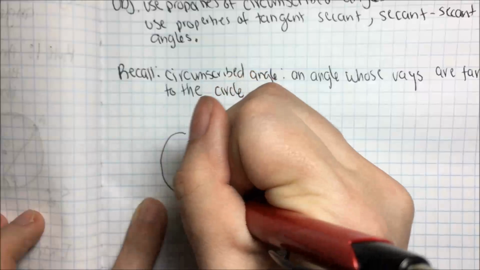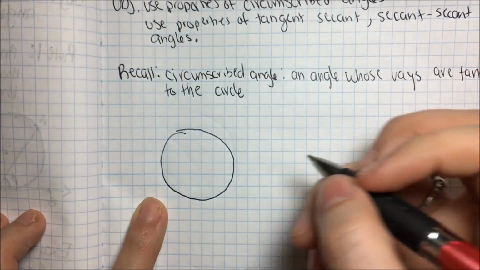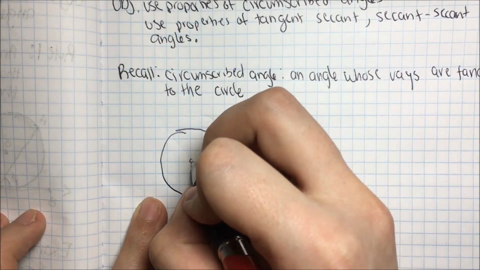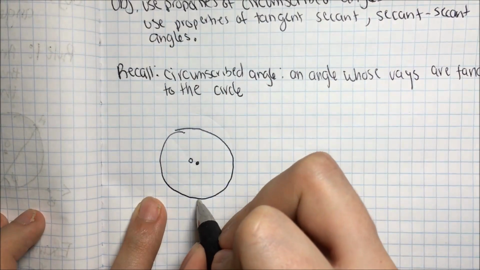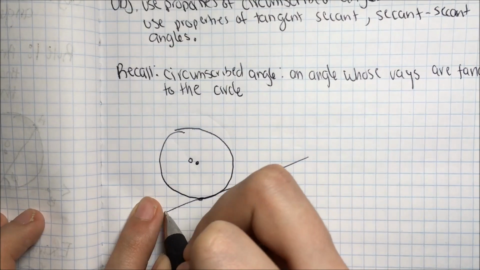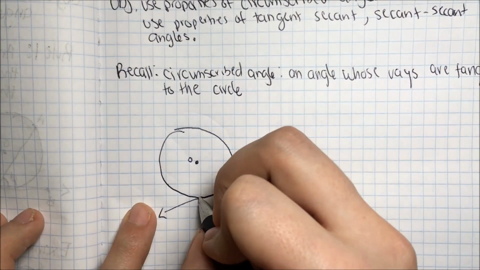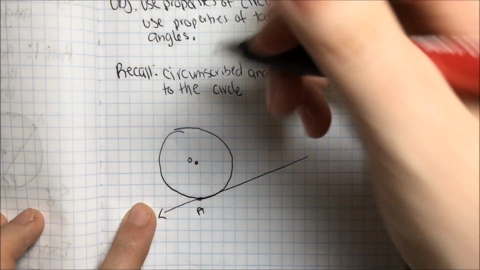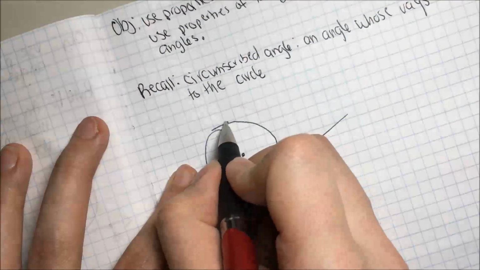So if we draw a circle at center O, we have one tangent line here, and then we have another tangent.